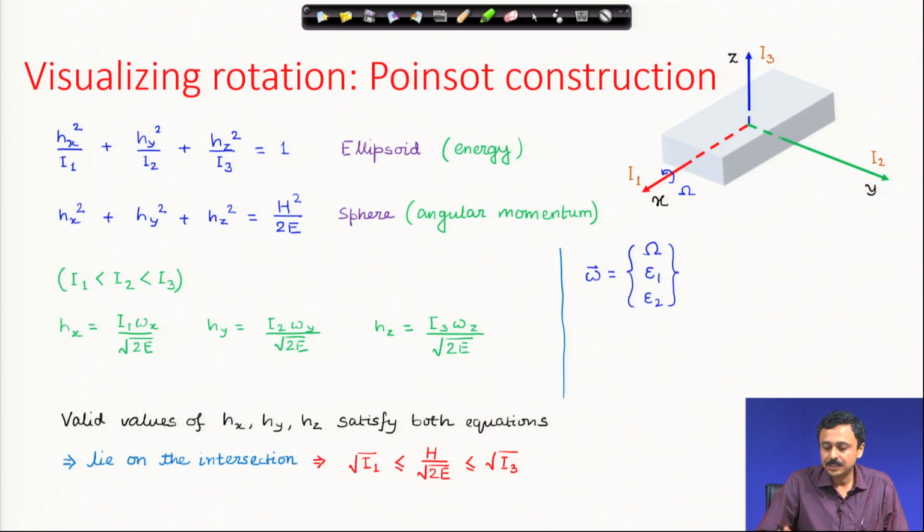Let us consider the first case where we are giving a spin about the lowest moment of inertia axis, which is the x axis. I have shown it in the figure. This spin is being given about the x axis, and there is a perturbation on the spin in the other two directions, y and z.